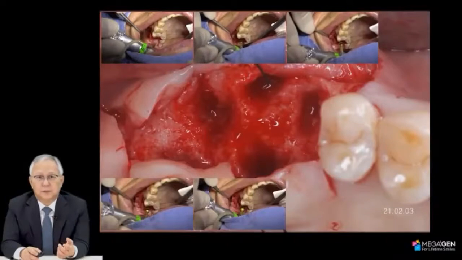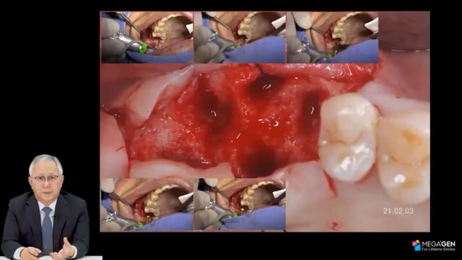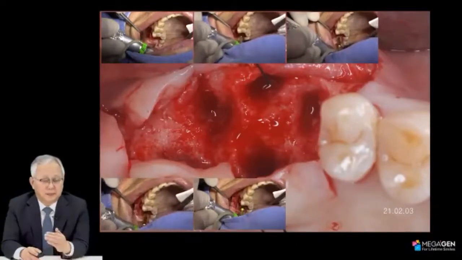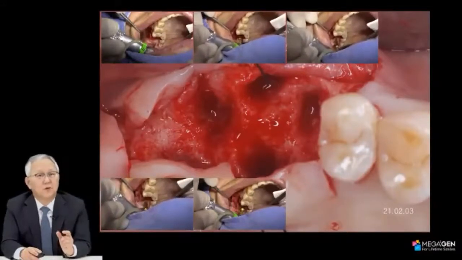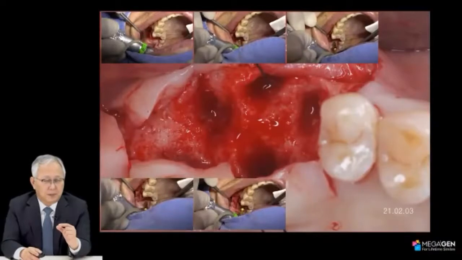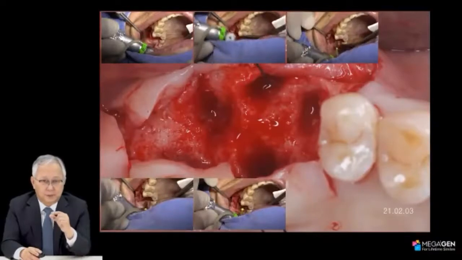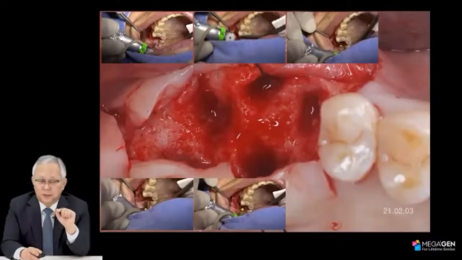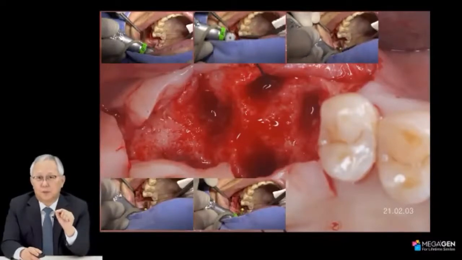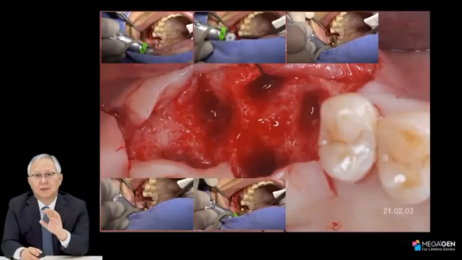Next drill, just repeat at the same length, the same depth of drilling. Don't go too much, just 1 millimeter above the available bone. If the bone is 3 millimeters, you can go inside the bone only 4 millimeters, no more than that. Then you will be safe.